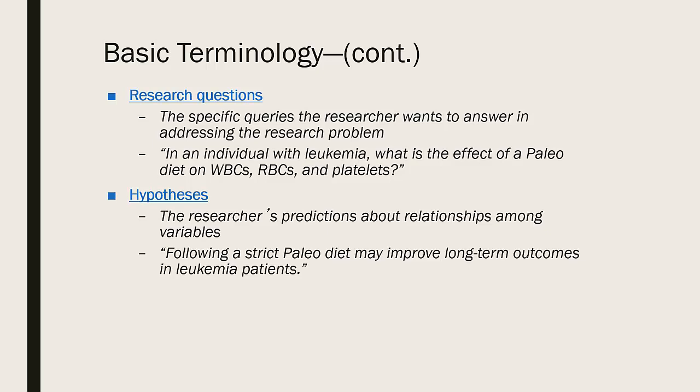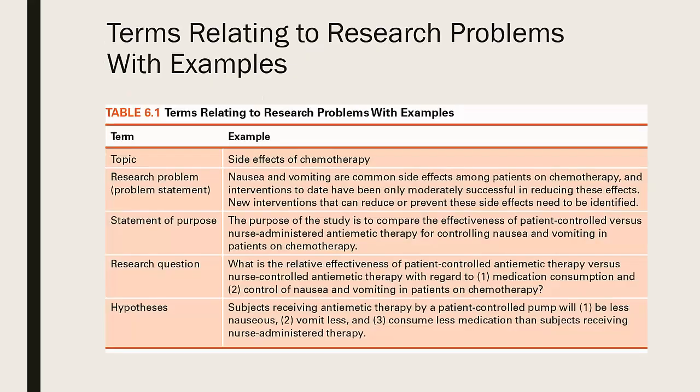So let's look at the difference in all of these terms. This slide is a really good overview. This comes directly from your textbook, and it talks about how we can look at each of these words or phrases, this terminology, differently, so that when it comes time in your signature assignment to write down what the research problem is and the research question and then the hypothesis, come back to this in your book as well, because this will help you delineate which is which.